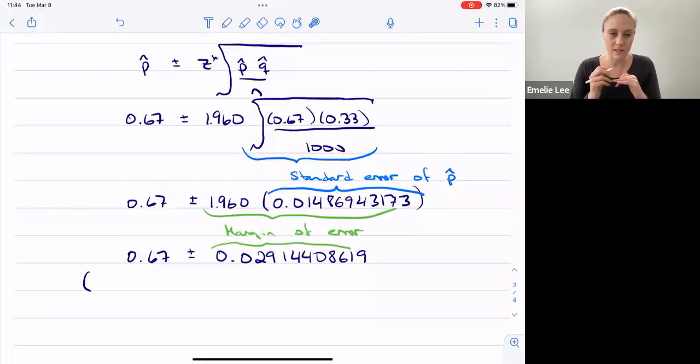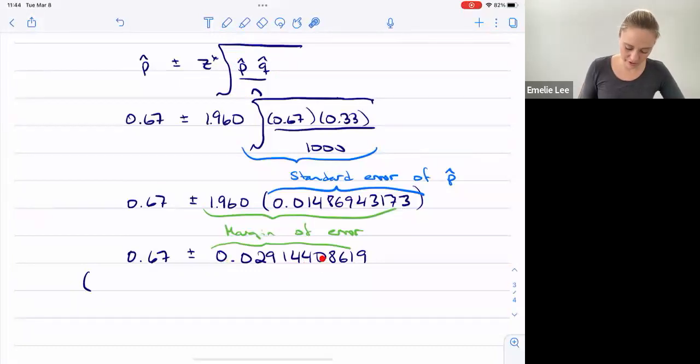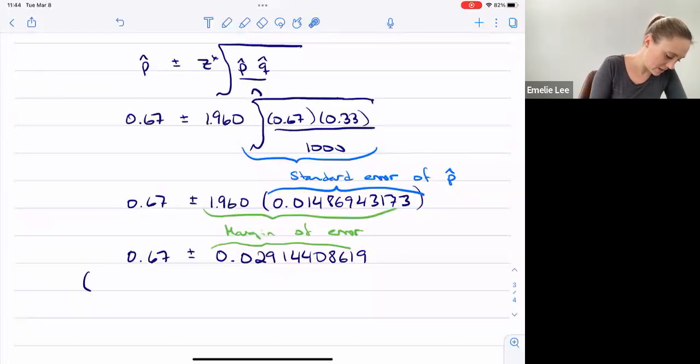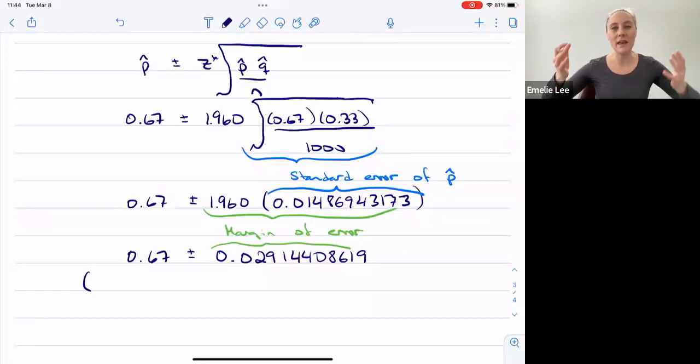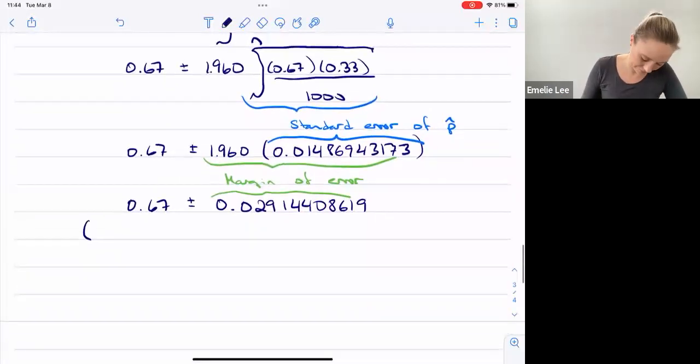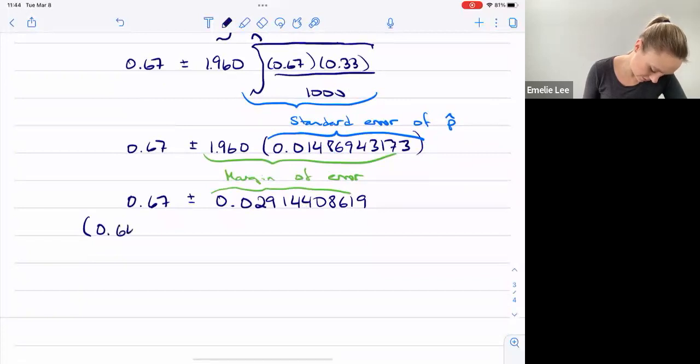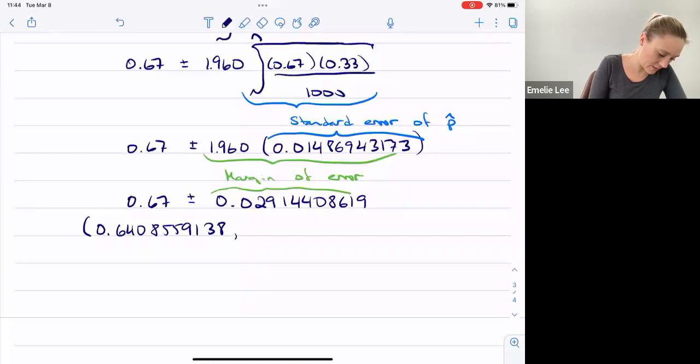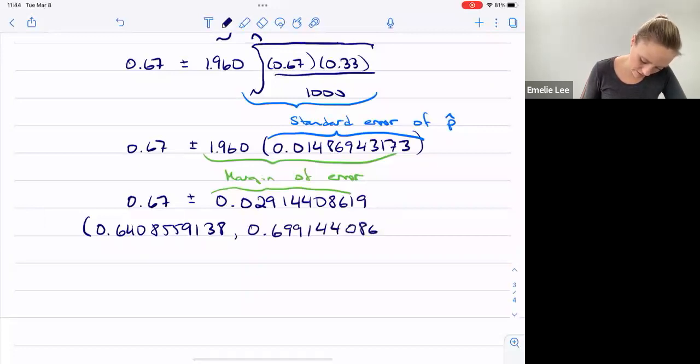Okay, so my confidence interval, once I've stored the margin of error, I get 0.67 minus that stored value. I'm going to write out the whole number, and then I'll round it probably to 4 decimal places. So I get 0.6408559138 up to 0.67 plus that stored value, which is 0.69914400862.